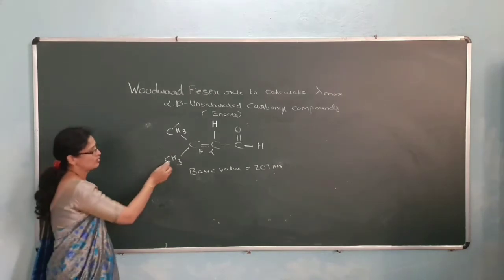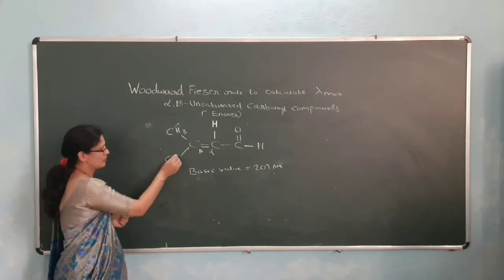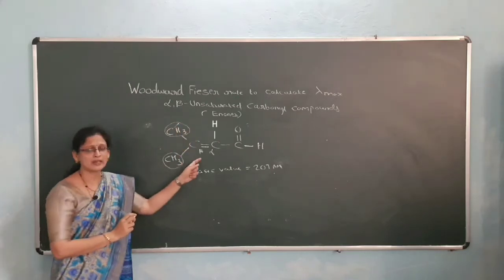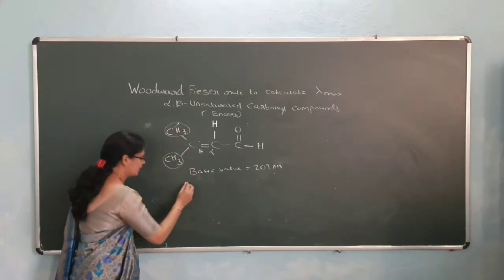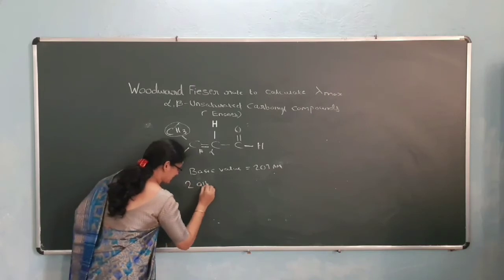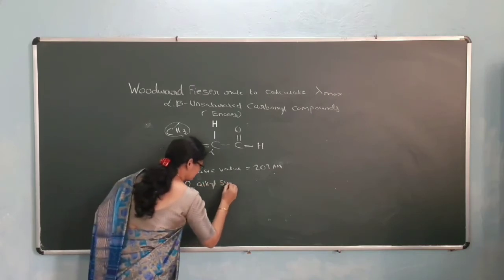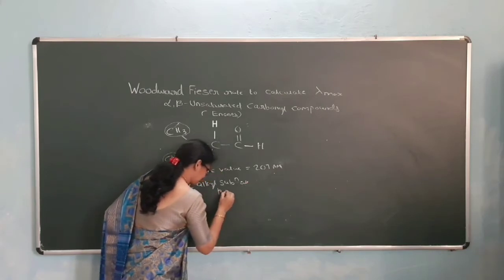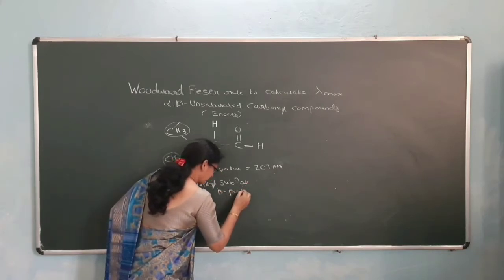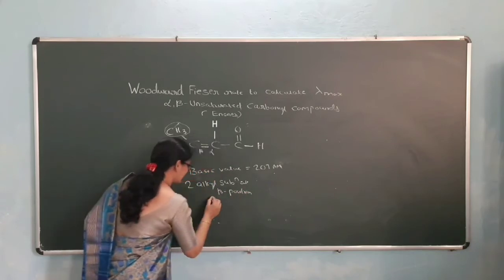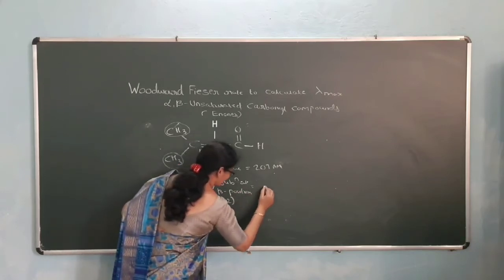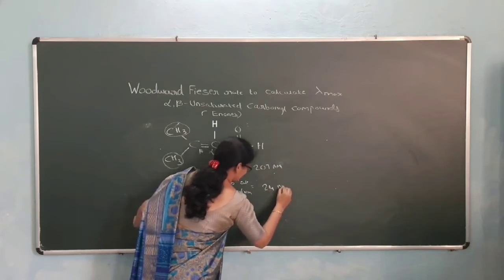So we have two substituents, this is one methyl group and the second methyl group at the beta position. So now write it, two alkyl substituents at beta position. For each substituent it is 12 into 2, it's 24. Okay, then check it for anything.